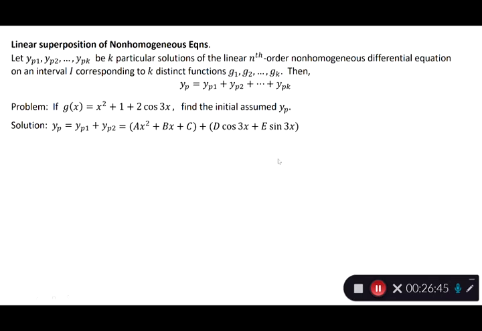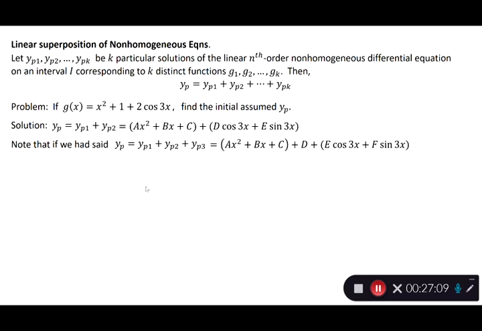Okay? Cool. What if we had looked at this as g1 of x, g2 of x, and g3 of x? Right? I told you hell won't break loose, but you need to do something.